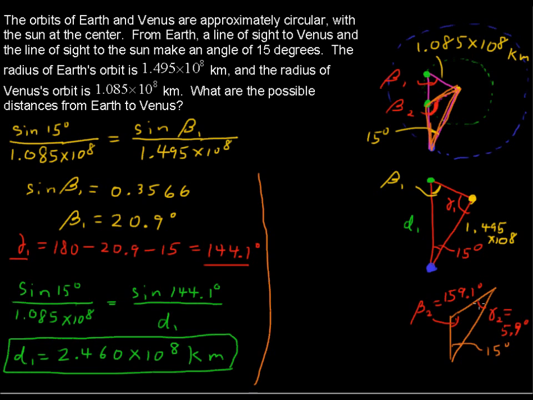Okay, now we can use what we know to solve for this d sub 2. Let me label that d sub 2. The other possible distance from Earth to Venus.